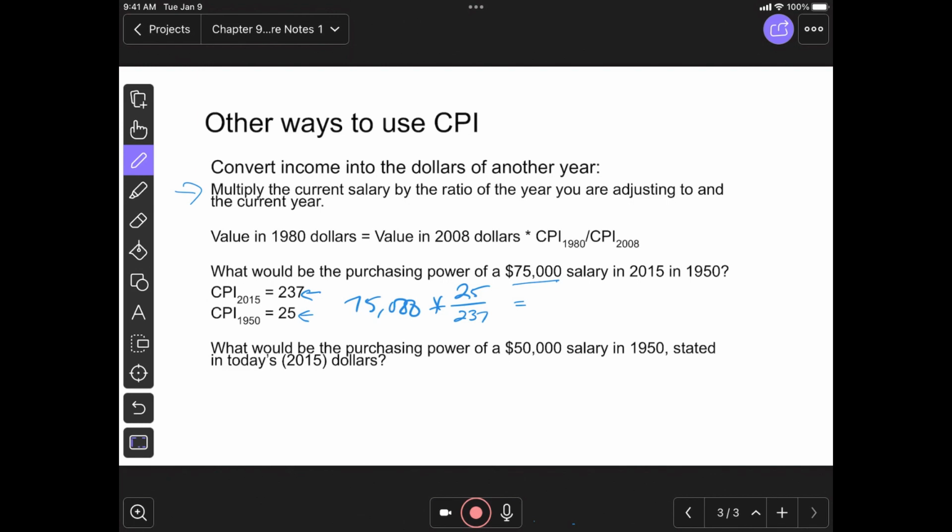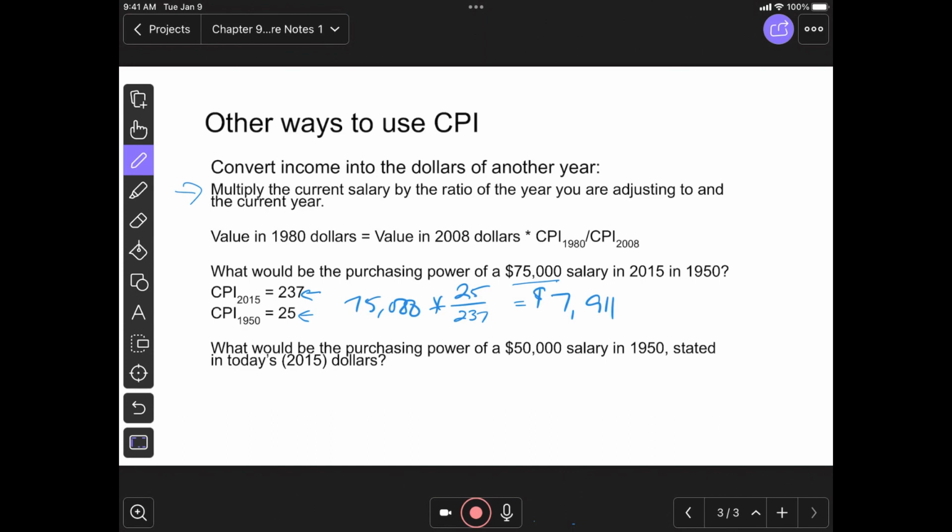So that works out to be $7,911. Okay? So what we're saying here is that a salary that was equivalent to $75,000 in 2015, if we were back in 1950, would have been $7,911. Somebody making basically $8,000 in 1950 would have had the same purchasing power as someone making $75,000 in 2015.